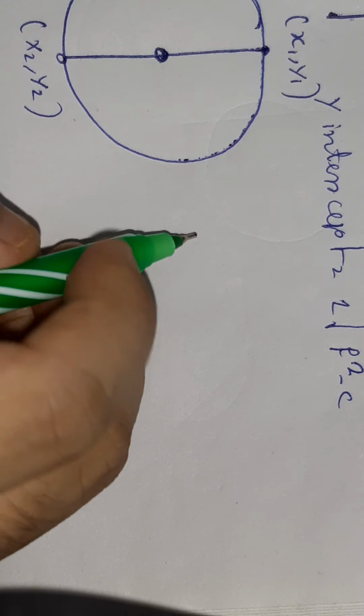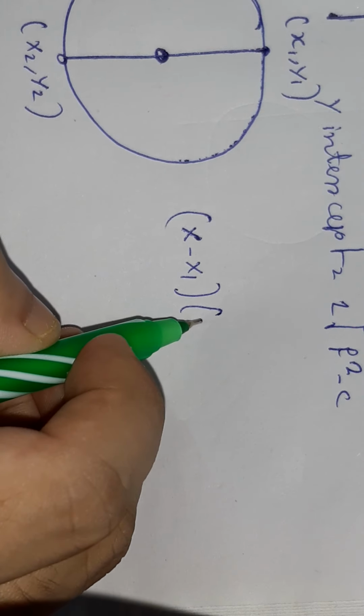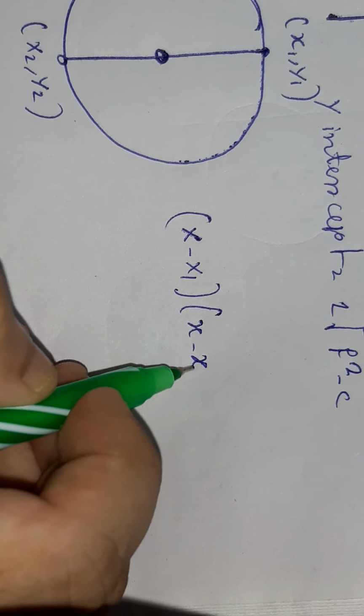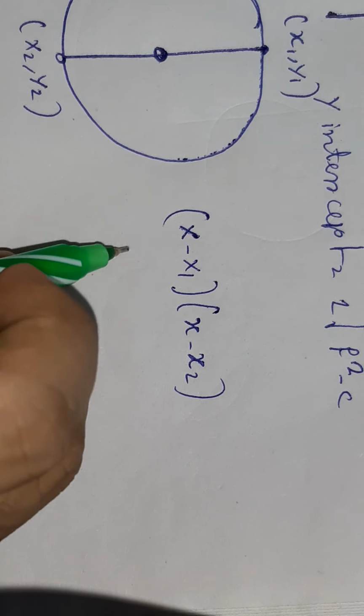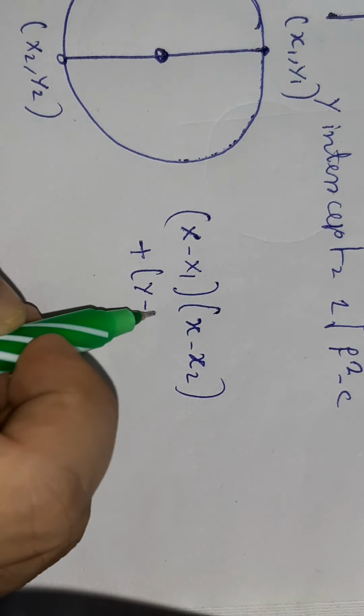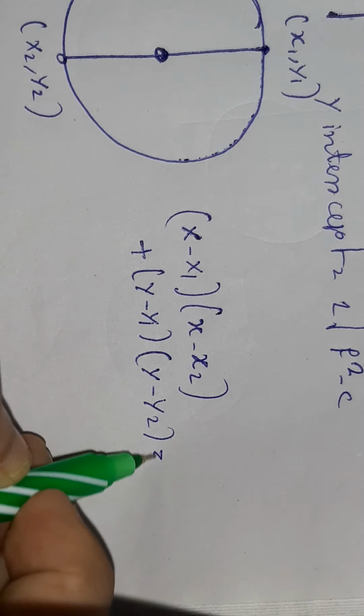It is x minus x1 into x minus x2, plus y minus y1 into y minus y2 is equal to 0.